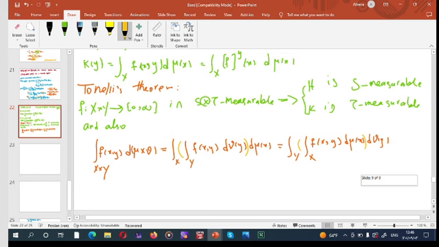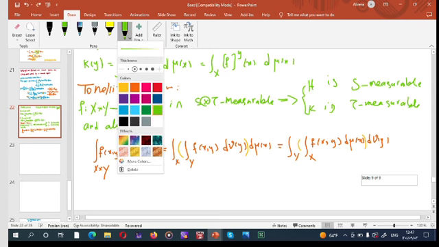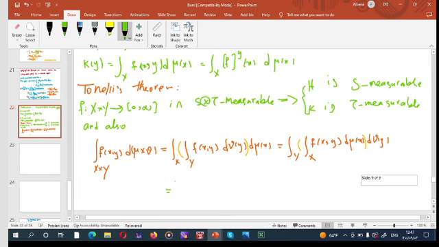and by our notation this is equal to the integral of h d mu, and this is equal to the integral over Y of k(y) d nu(y).